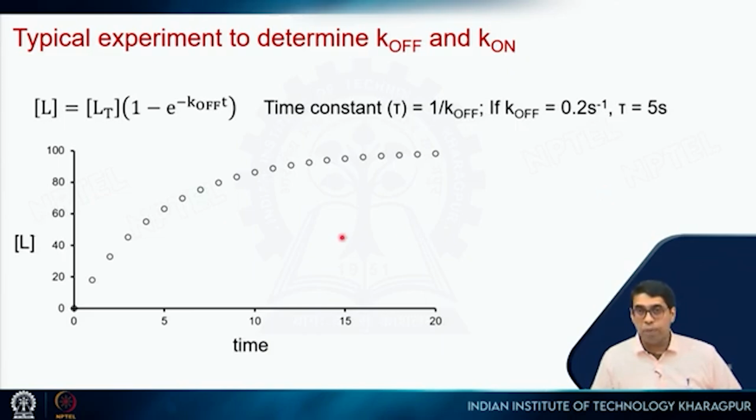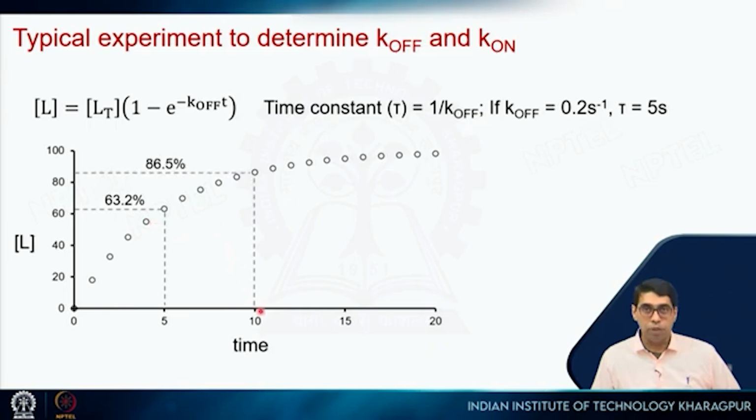These are the two parameters that you have to typically set in an experiment. If I run the experiment for a time equal to this t, which is 5 seconds, you will see that the free ligand formation will be only 63%. So if you are fitting to this curve, the K off value that you get will not be very good.